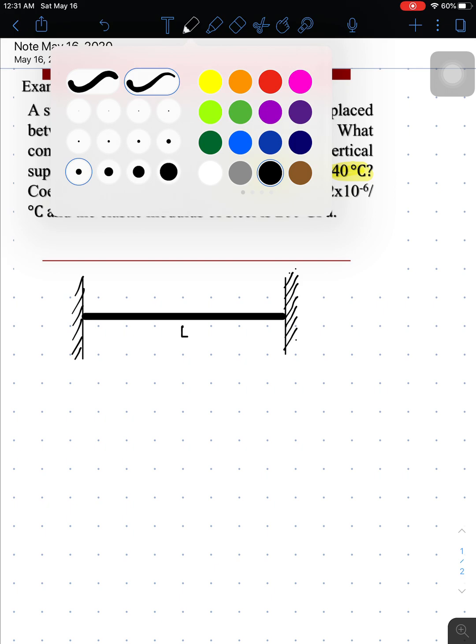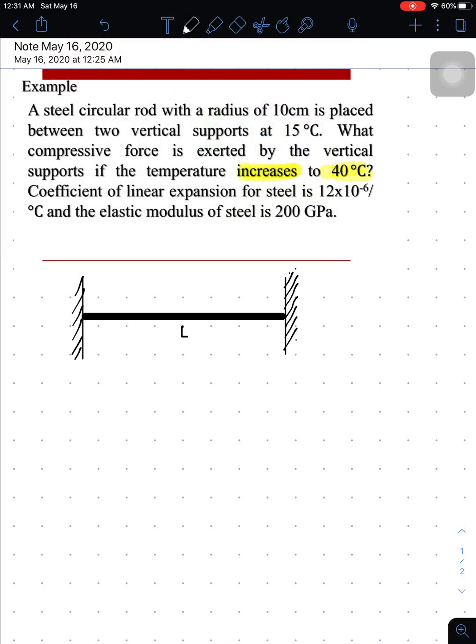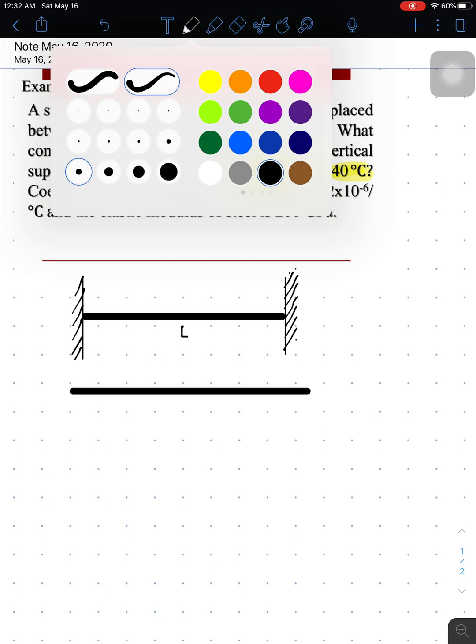So instead of having this original position, I will just exaggerate the expansion of our material. Something like that is how it expands. From the original position, this is where our support should be.